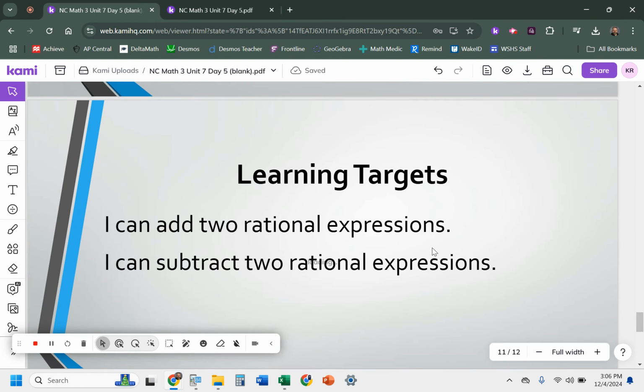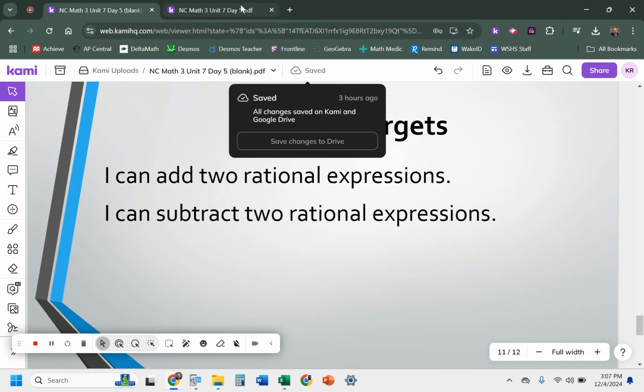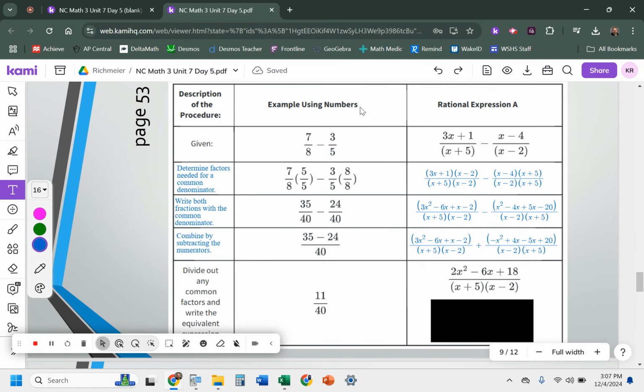So our learning targets again: I can add two rational expressions. I can subtract two rational expressions. As we've seen here, the steps for subtracting are very similar to addition, just like we saw between multiplication and division. You just have to know where to make that little change. Here, I'm going to distribute the negative across and then add.